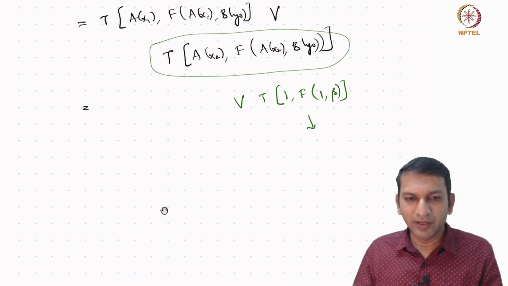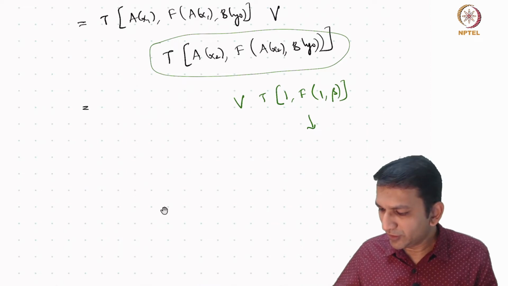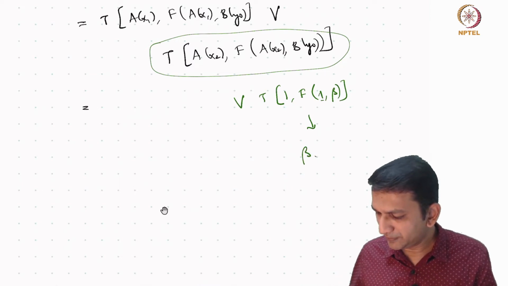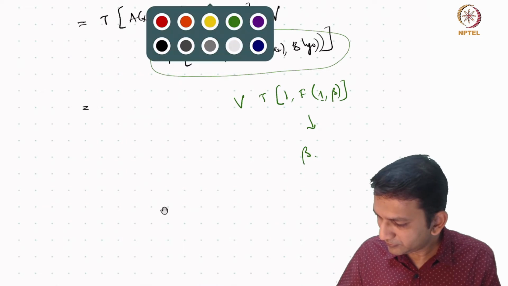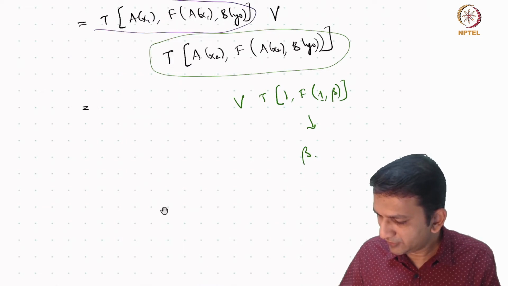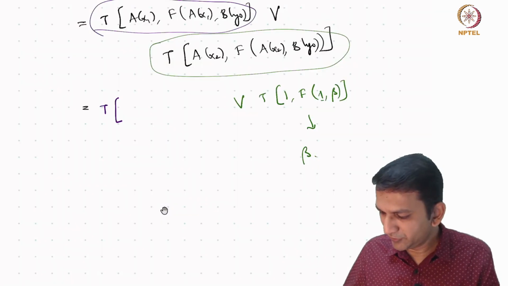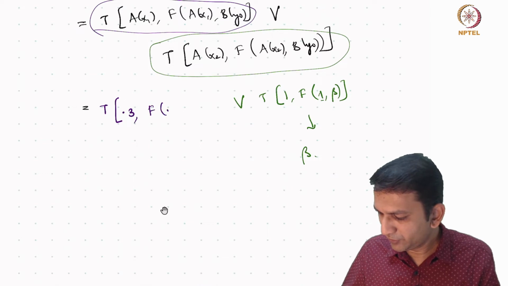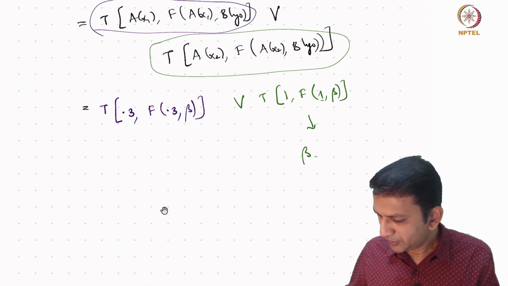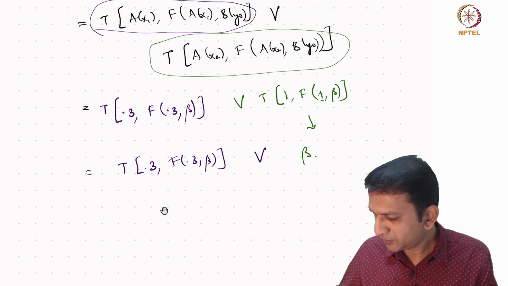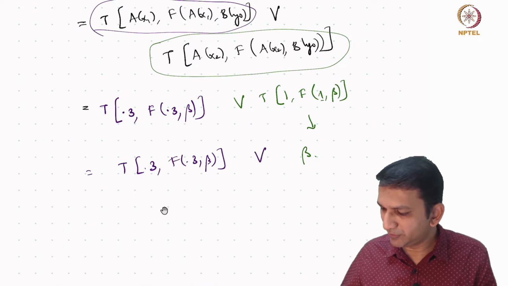Now, 1 is a neutral element of T. If we assume that f also has 1 as its neutral element, this essentially turns out to be beta. Now, what is the first value? What we have here is T of A of x1, which is 0.3, comma f of 0.3 comma beta. So on the whole, what we have is T of 0.3 comma f of 0.3 comma beta, or beta, maximum with beta.